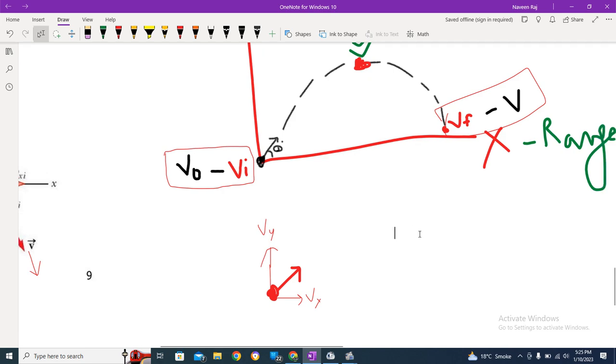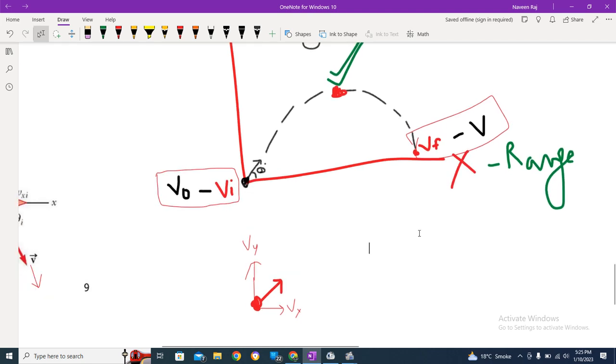If you simply look at the x-axis, the horizontal plane, which force is being applied on the ball in this direction? What resisting force is acting on the ball? You will say that only the air friction is there.